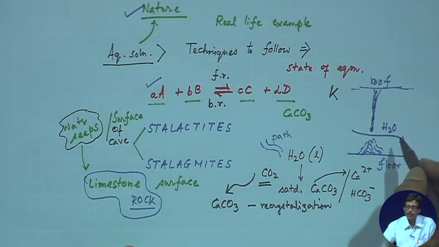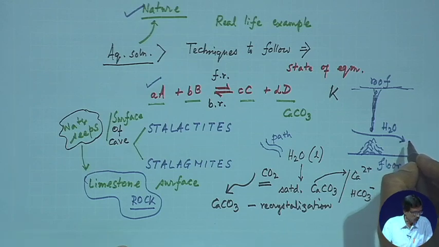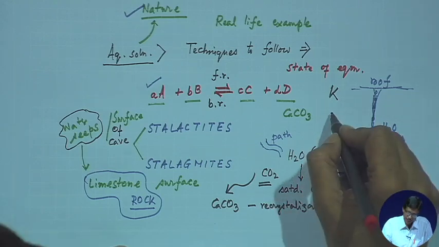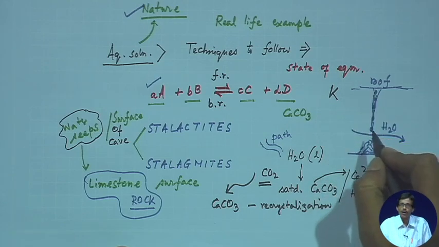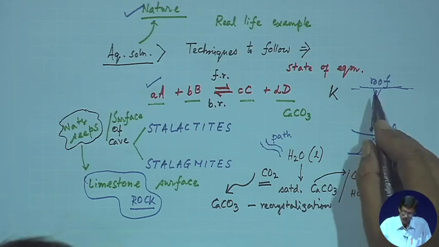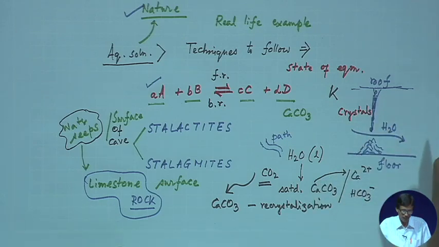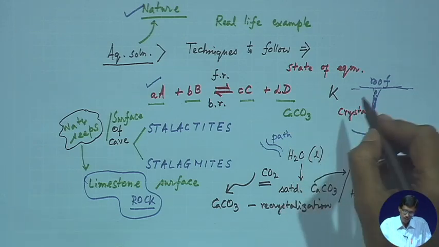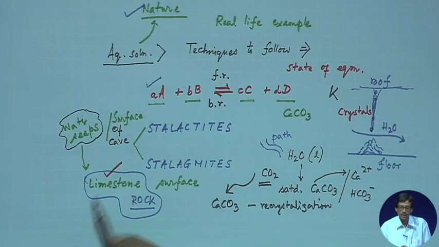It is a continuous, natural process, so from that flowing water we get crystals, because the deposition is not from a saturated solution of calcium carbonate alone. From the saturated solution of calcium carbonate, what we get is basically crystals of calcium carbonate.